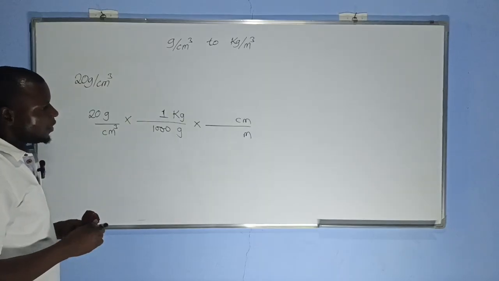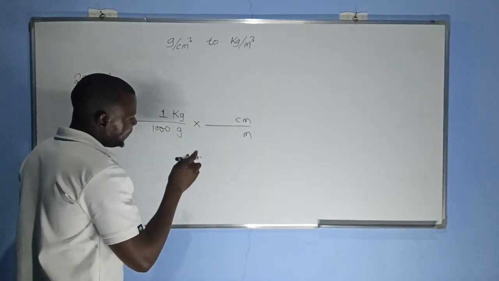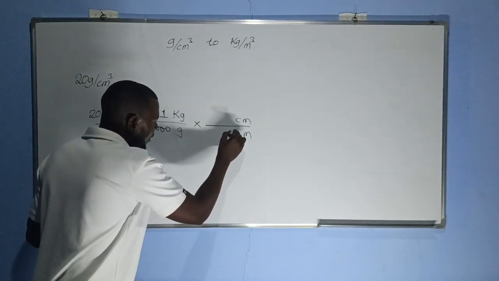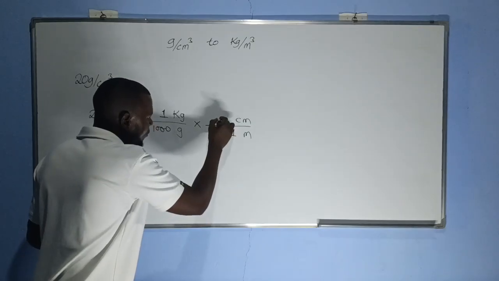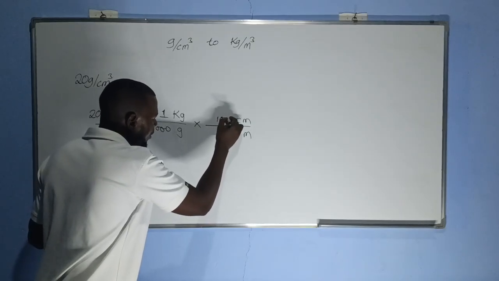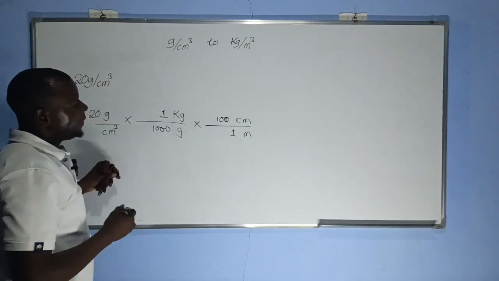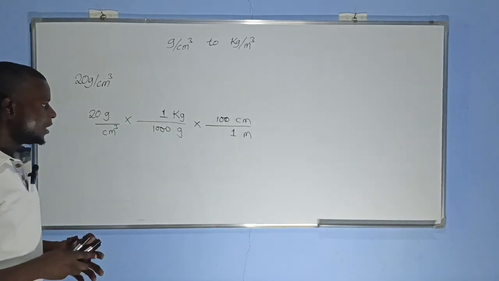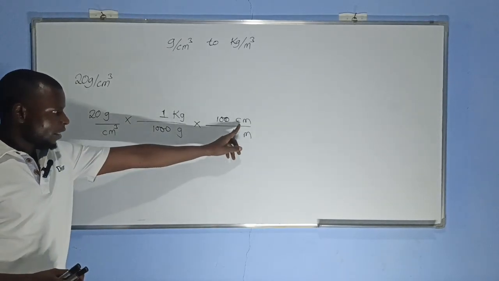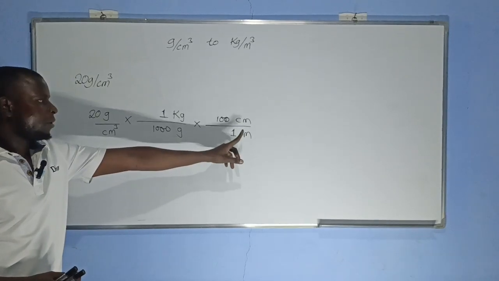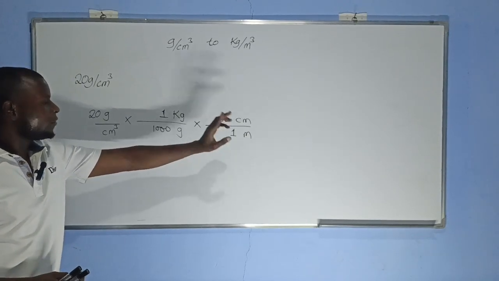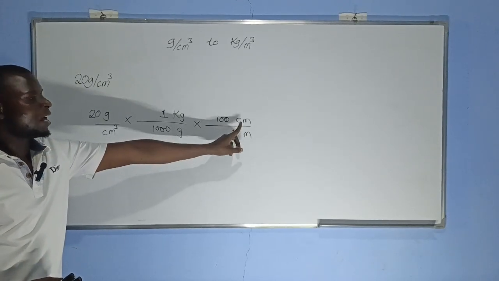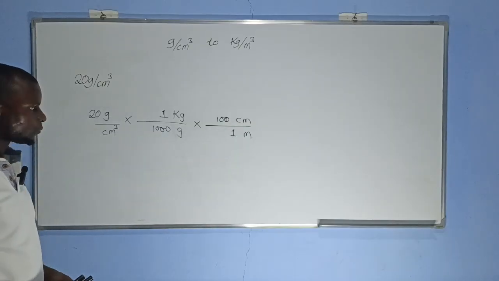Now, the conversion between centimeters and meters is that 1 meter is equal to 100 centimeters. After doing that, you'll find that we're not looking for the unit of centimeters, neither are we looking for the unit of meters. We're looking for the unit of cubic centimeters and the unit of cubic meters.